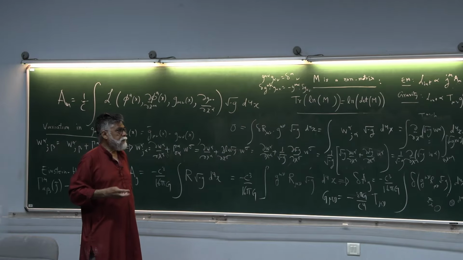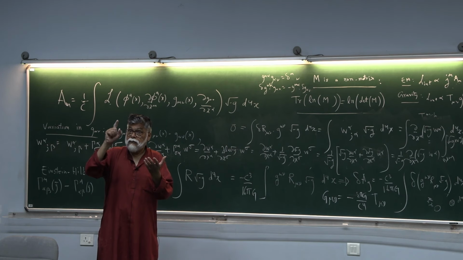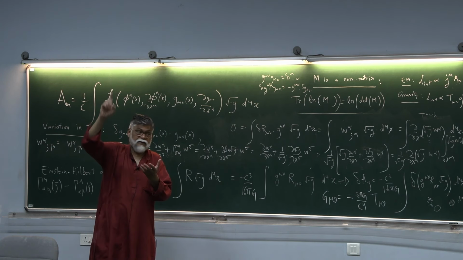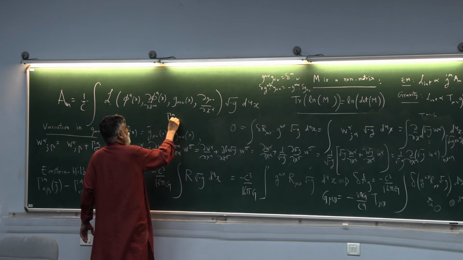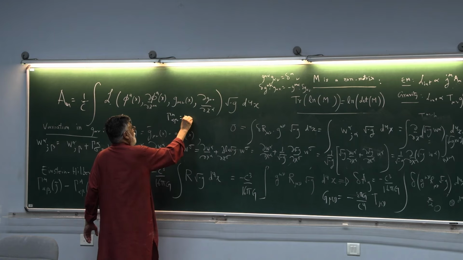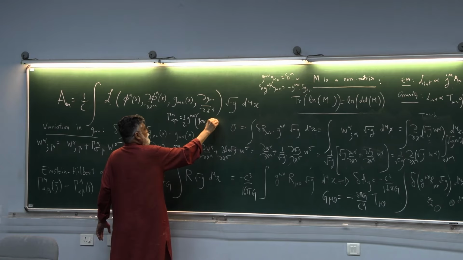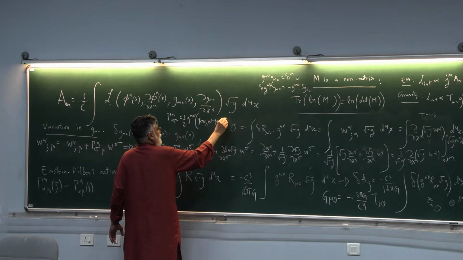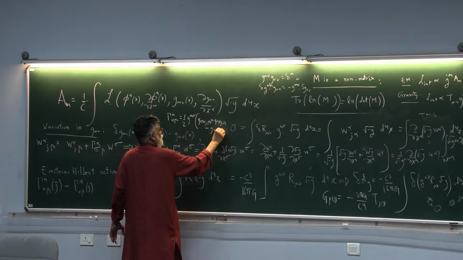No, because the Christoffel symbol has g mu sigma upstairs. The Christoffel symbol gamma mu alpha beta is half g mu sigma times (g sigma alpha comma beta plus g sigma beta comma alpha minus g alpha beta comma sigma).